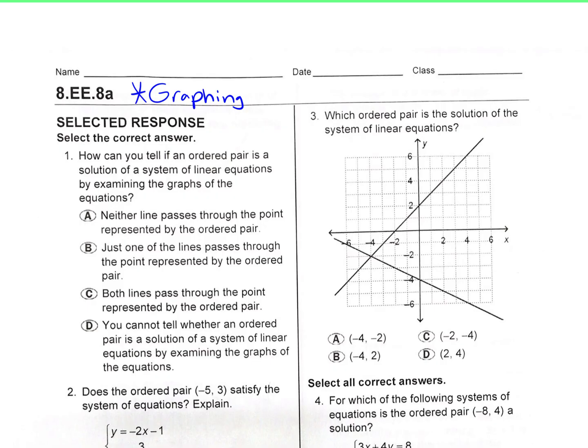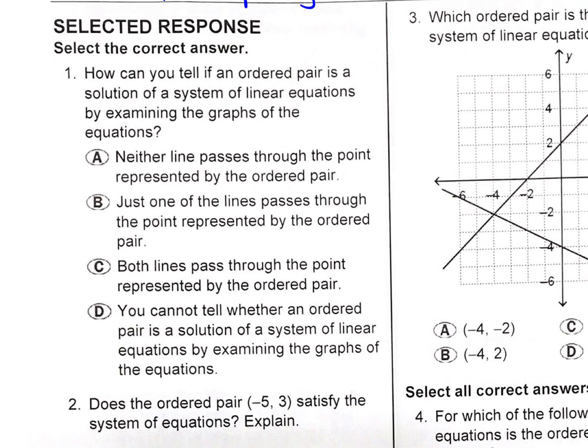The next page is about specifically EE.8a, which is about graphing. Number 1, how can you tell if an ordered pair is the solution of a system of linear equations by examining the graphs of the solutions? Well, in simple words, an ordered pair is a solution if it falls on both lines.